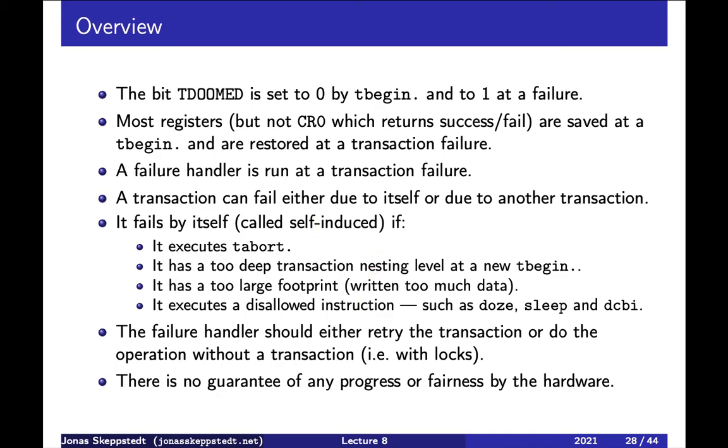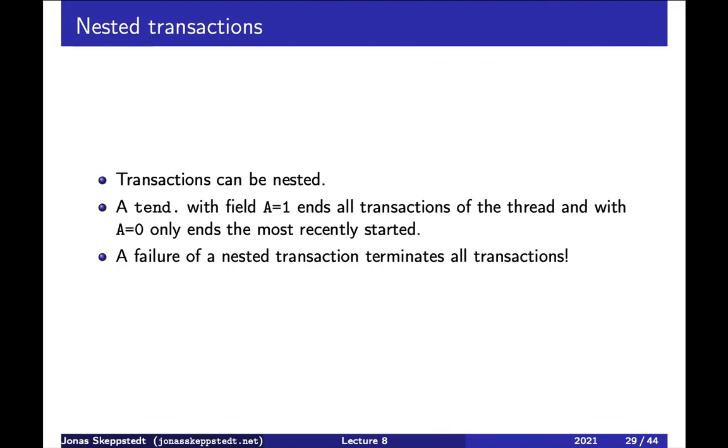Realistically, if the transactions are too big and they just retry all the time, then there will be no progress, obviously. So they should be written in a more clever way. Okay, transactions can be nested, and when we come to transaction end, there are two options: either to end the most recent transaction or to end most of them. But a failure terminates all transactions.